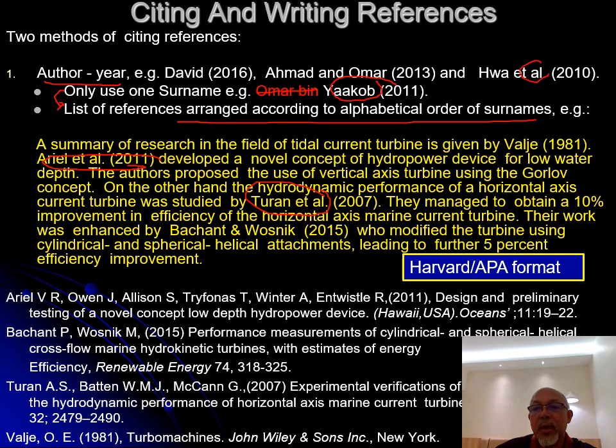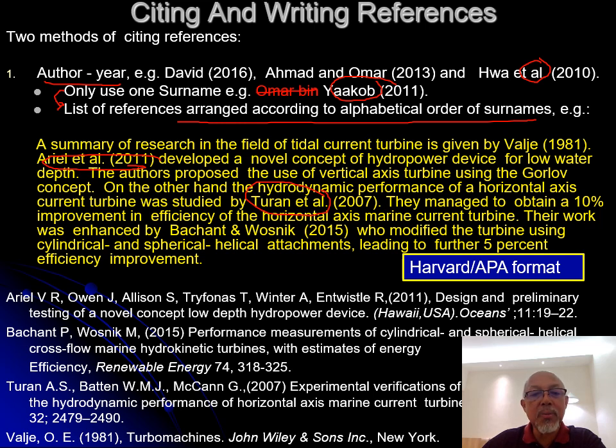Et al. means and others. So the dot is after al because the original full Latin word is alia. So alia has been shortened to al.